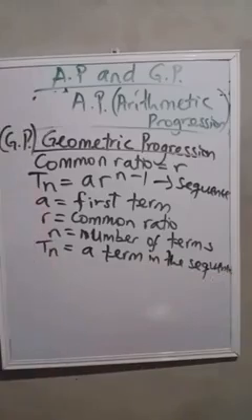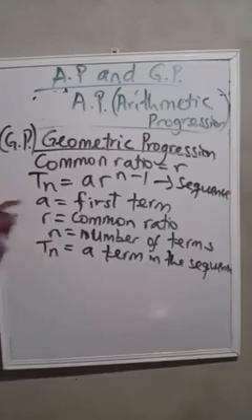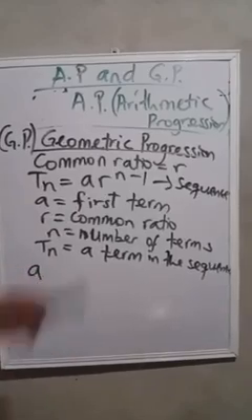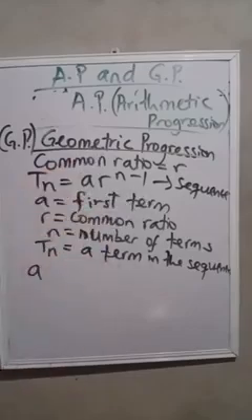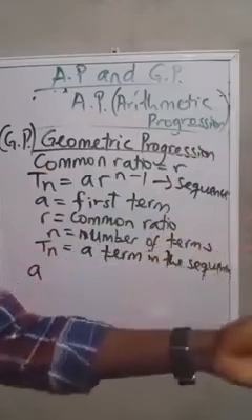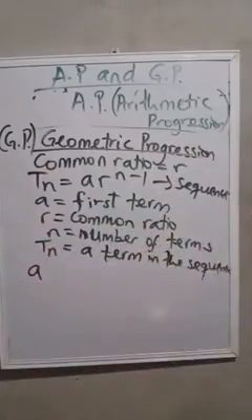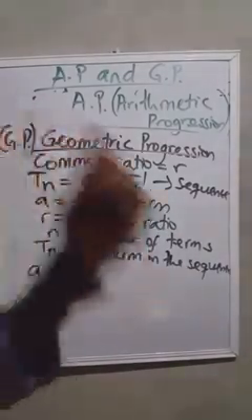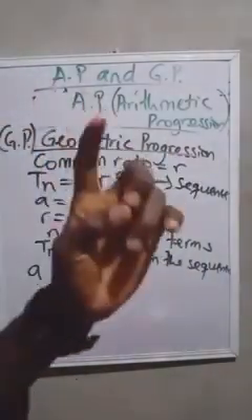Now, how does this work? We said our first term should be A. For geometric progression, the difference between the first term and the second term is what we refer to as a common ratio, and geometric progression works with multiplication.